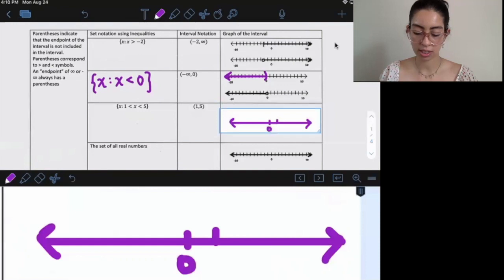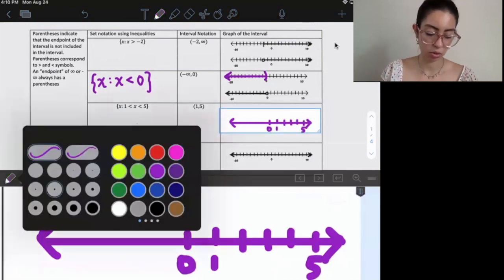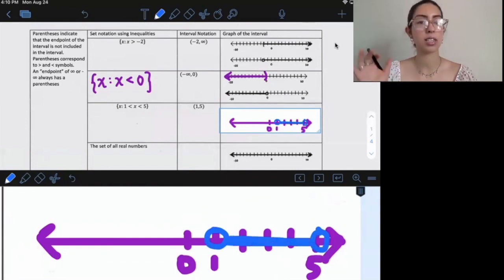Say this is 1, 2, 3, 4, 5. So that's 5 right there. I'm going to make this a little smaller. I'm going to have an open circle at 1 and at 5, and then I will just connect those because x is everything in between. So that will be my interval graph.